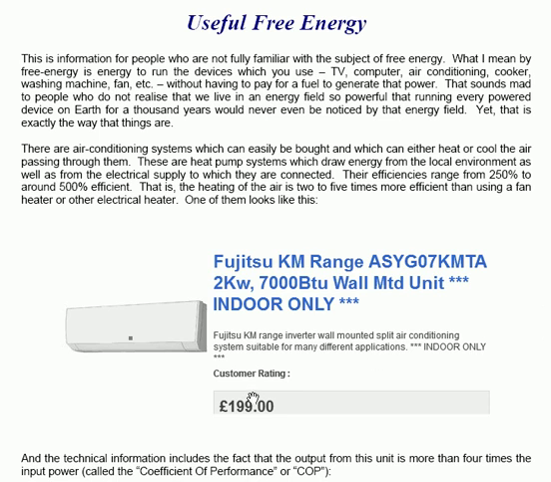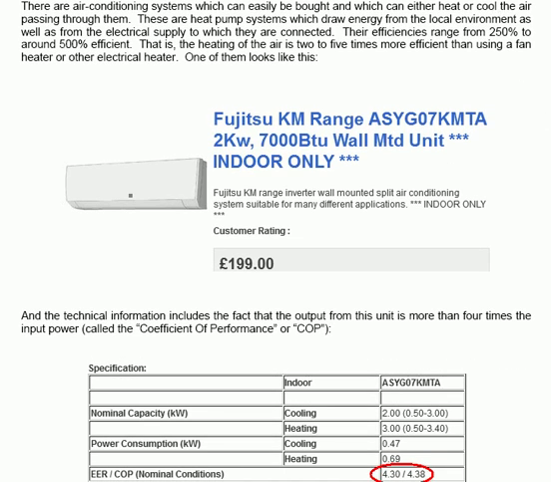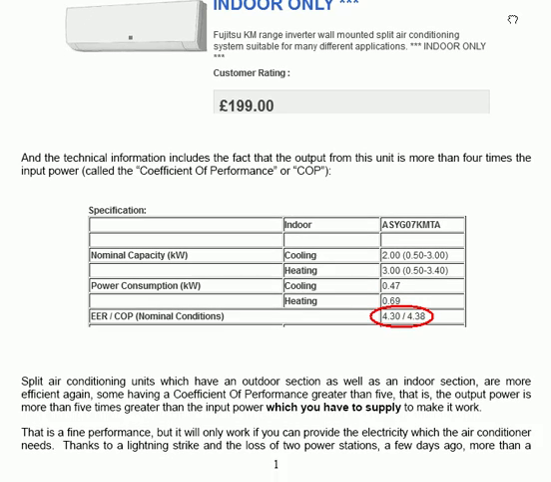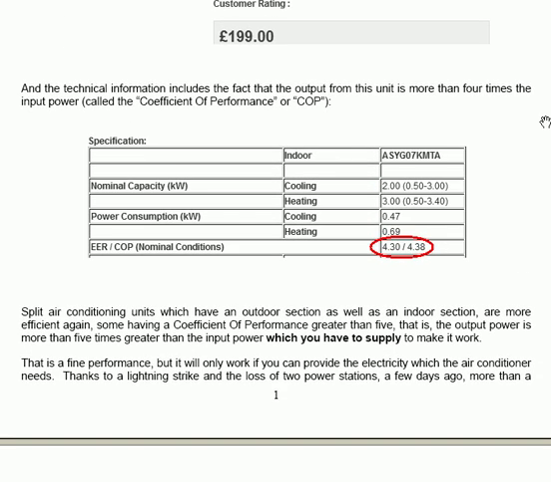This is a Fujitsu KM air conditioner which attaches to the wall of your room. It's not particularly expensive. Now, the technical information supplied with these acceptable commercial units includes the fact that the output from this unit is more than 4 times the input power.